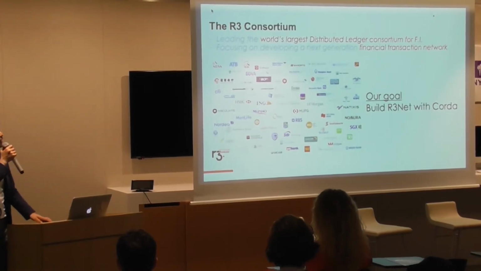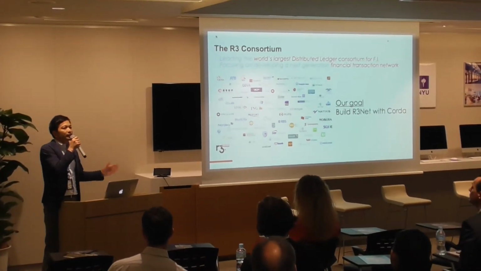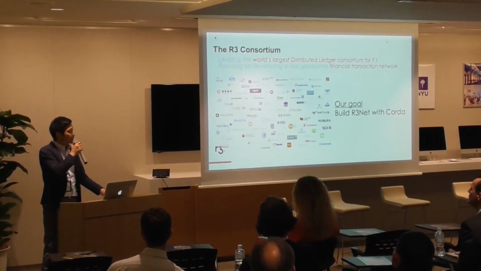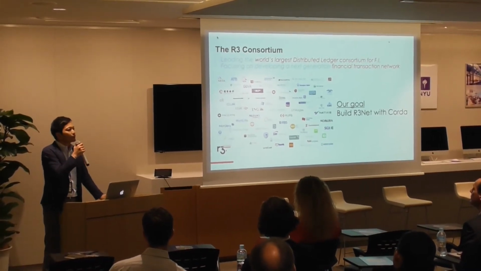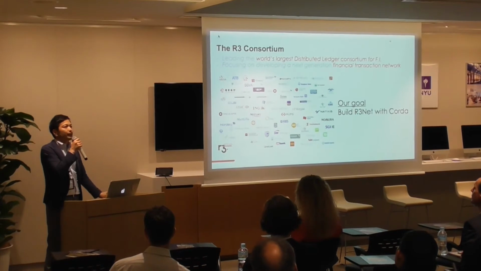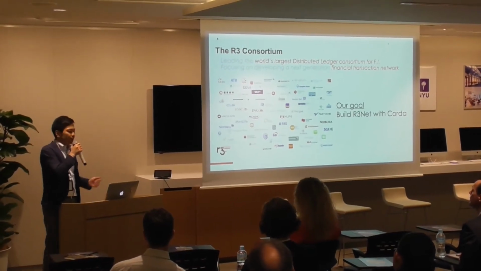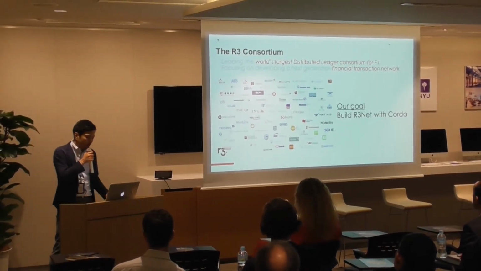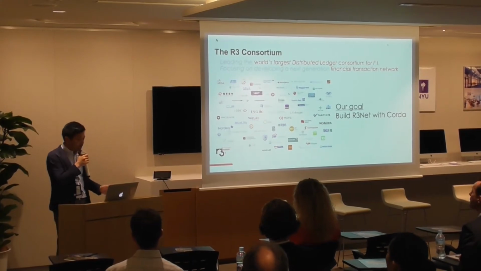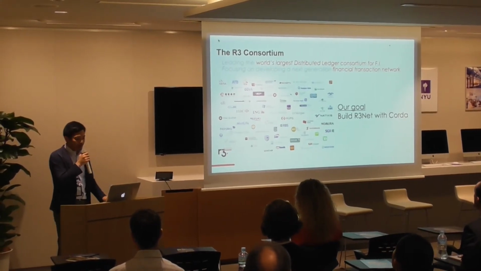And so I'm gonna give you what is R3 and what is Corda, just briefly today. So for those who are not familiar with R3, what is R3? R3 is the world's largest distributed ledger consortium.